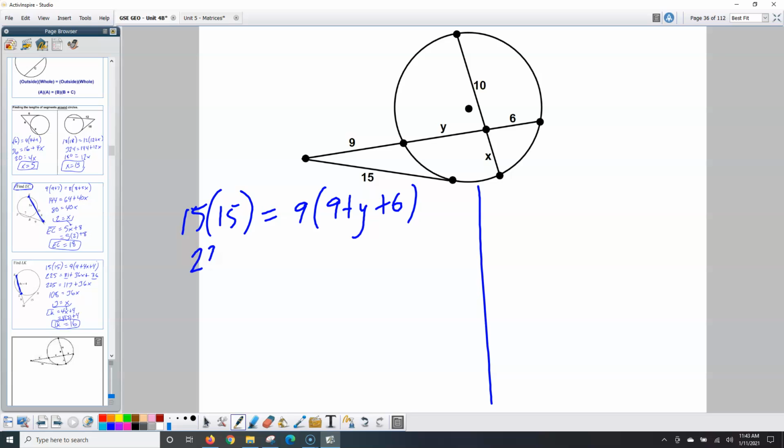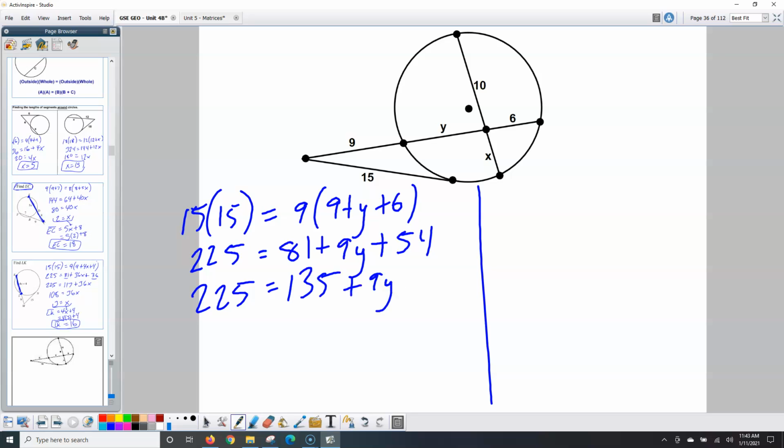That would be 225 equals, what is this, 81 plus 9y plus 54. And 81 and 54 is 135. Just combine my like terms right there.